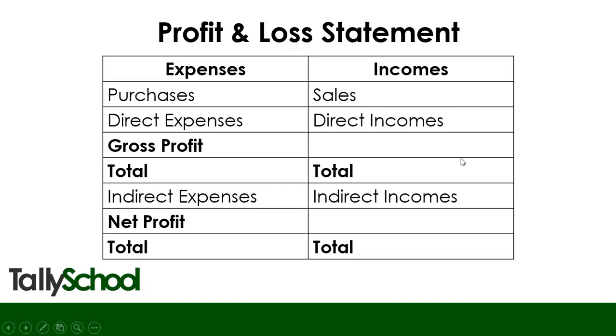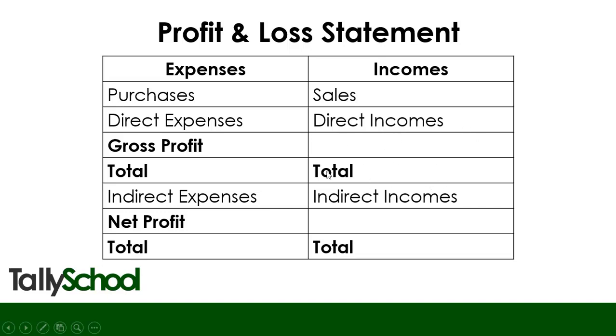Now direct incomes. Other incomes that are highly related to your business will come here. Let's say you earned some commission on selling sarees apart from the sales we have done here. That will be a direct income for your business because it is directly related to your business.